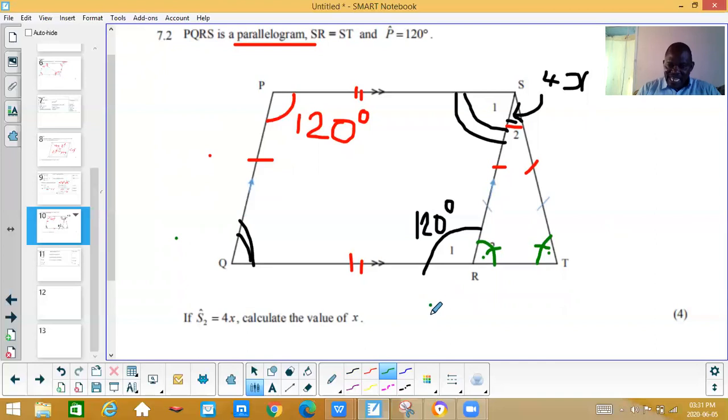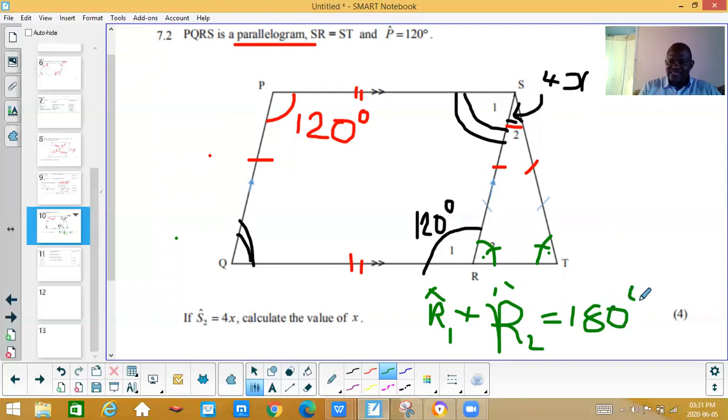If you take R1 plus R2, this one must give us 180, angles on a straight line. But now R1 is equal to 120.